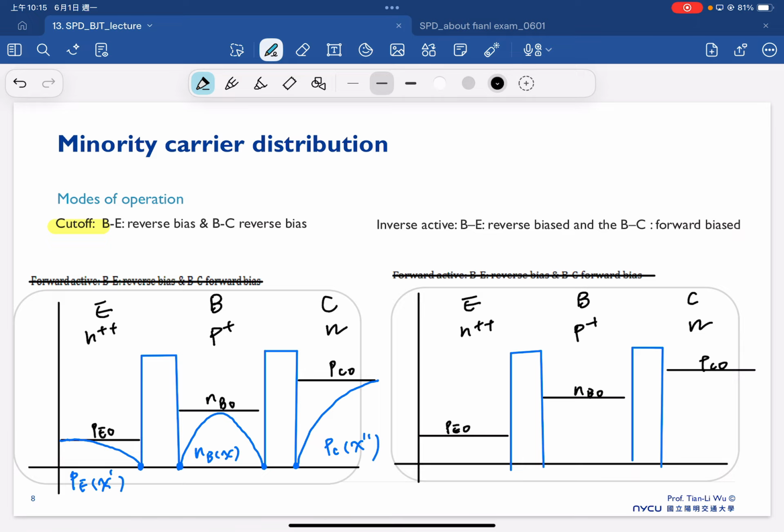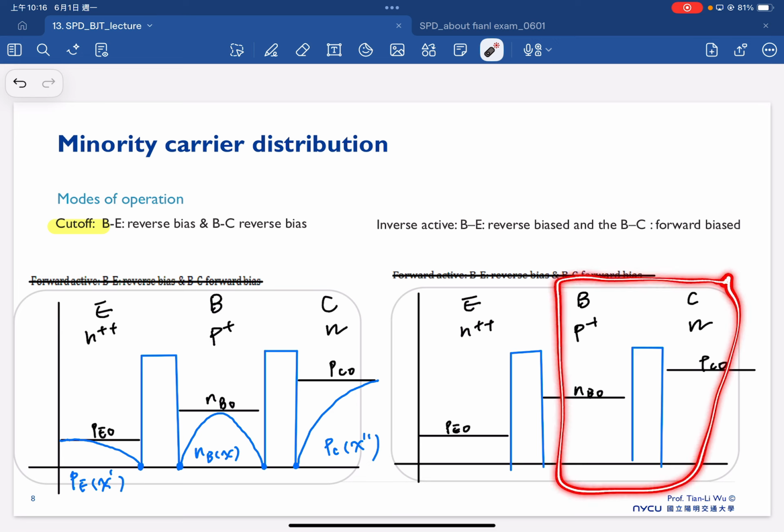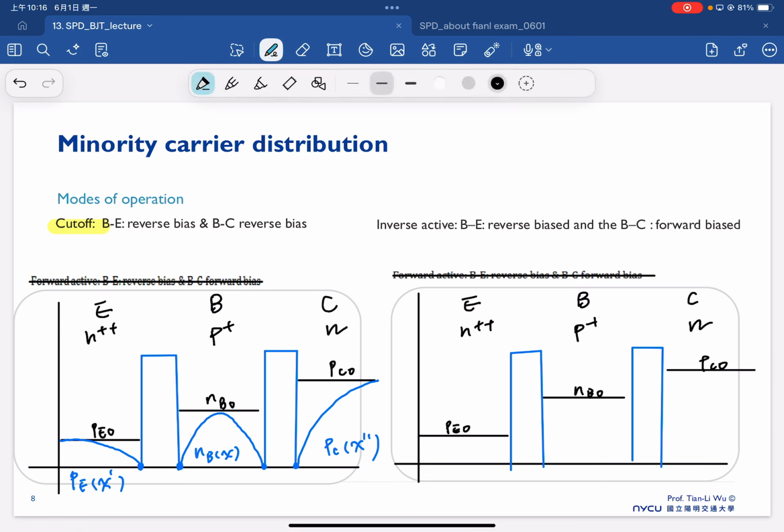So we start to draw the BC first. This is under the forward bias between these two junctions. So first of all, we will have the minority distribution as shown here.